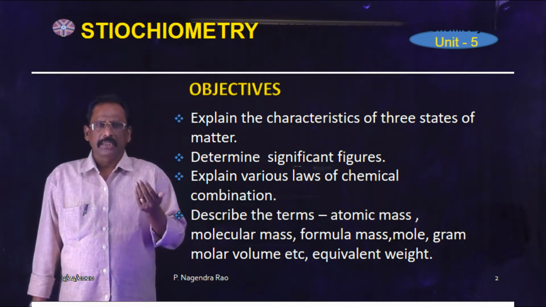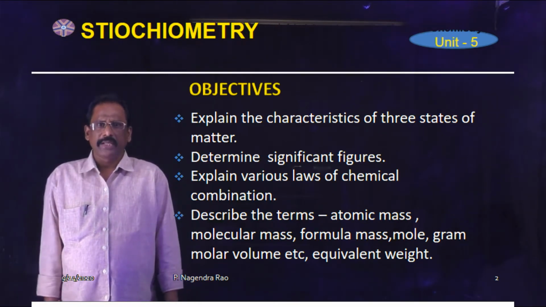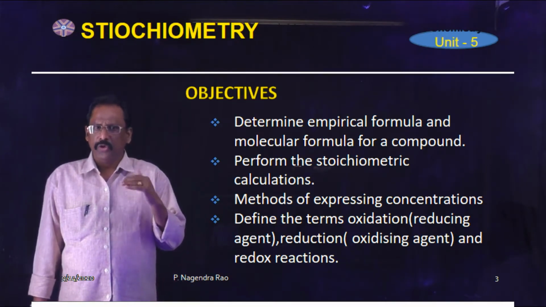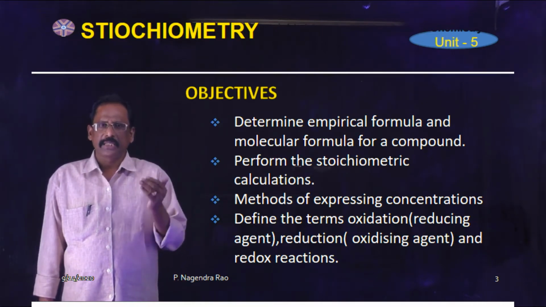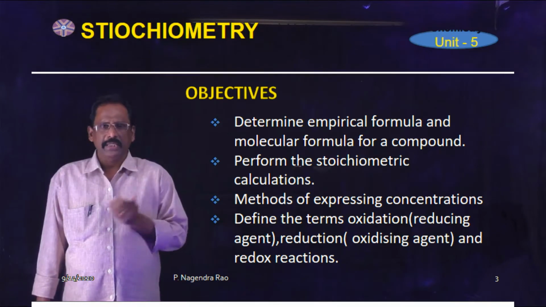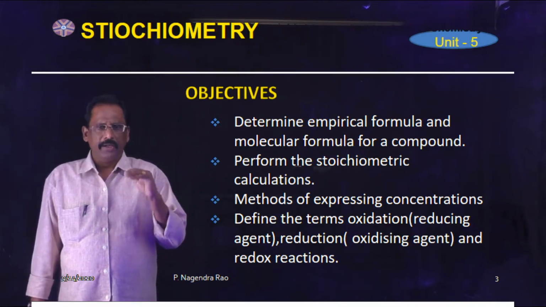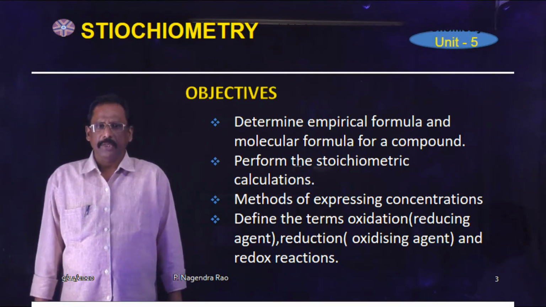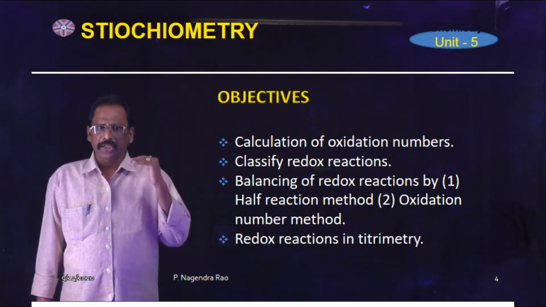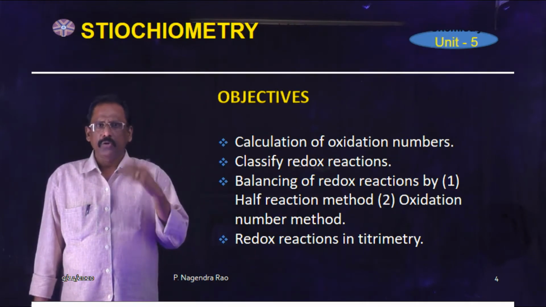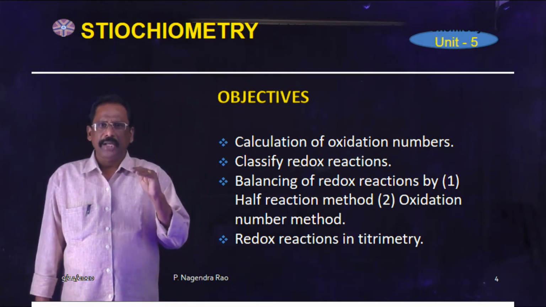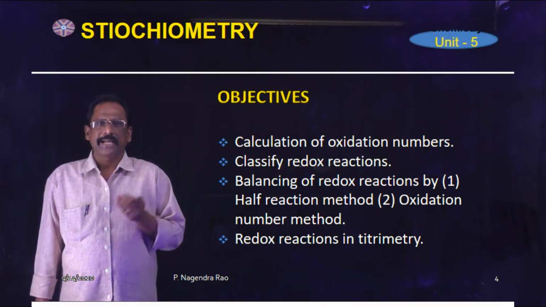And after that, what is meant by equivalent weight, and then determine the empirical formula and molecular formula of the carbon compounds, and what is meant by stoichiometric calculations, how to express the strength of the solutions in various expressions, and what is meant by oxidation and reduction, how the redox reactions take place, how to calculate the oxidation number values, and how to balance the redox reactions by using the oxidation number method and half reaction method, and what are the redox reactions in titrometry.